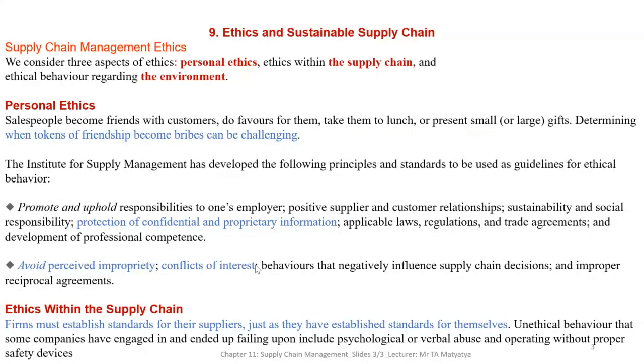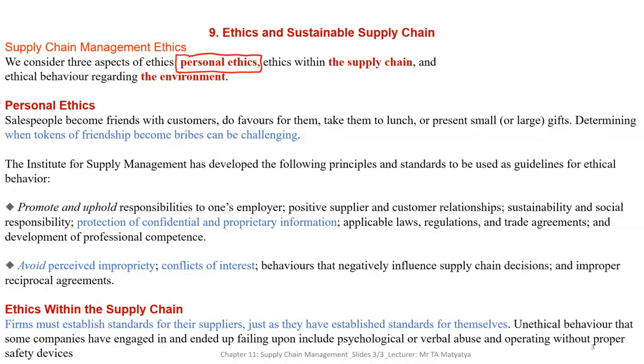We consider 3 aspects of ethics: personal ethics, your own personal ethics, professionalism, your own, let's say, punctuality, honesty, and obviously avoiding plagiarism and stuff like that as a manager, and avoid stealing and stuff like that.